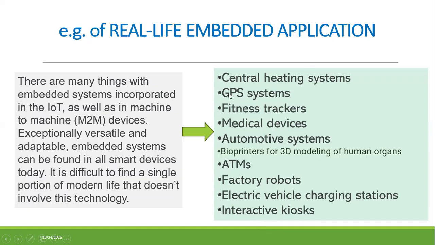Automotive systems, bioprinters for 3D modeling of human organs, ATM machines, automated teller machines. If you want to withdraw money at an ATM, just try to shift your face away from the camera.